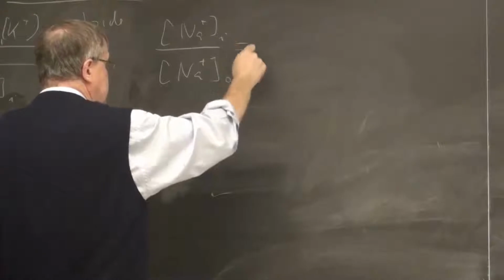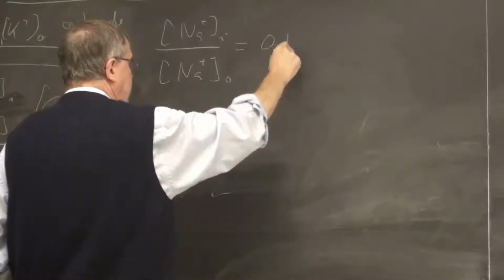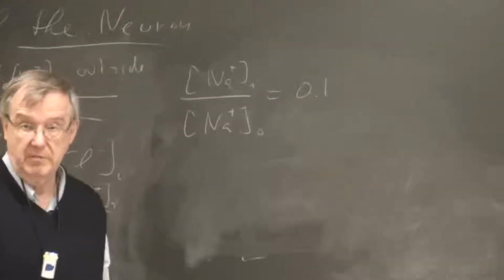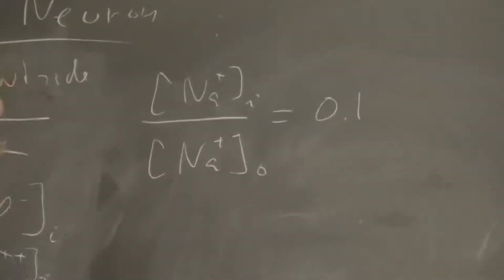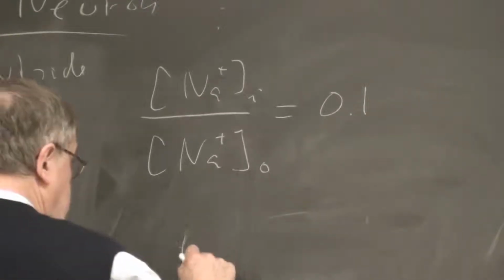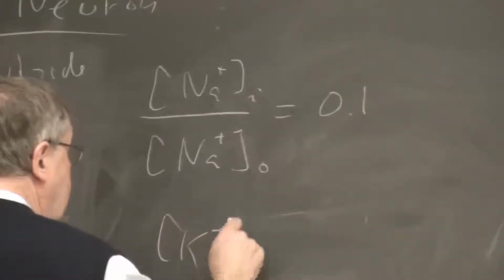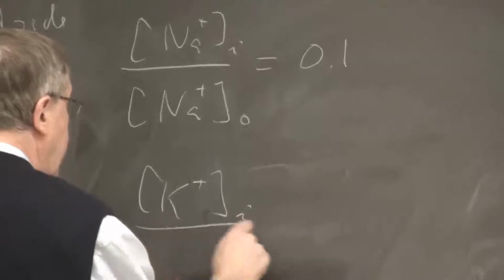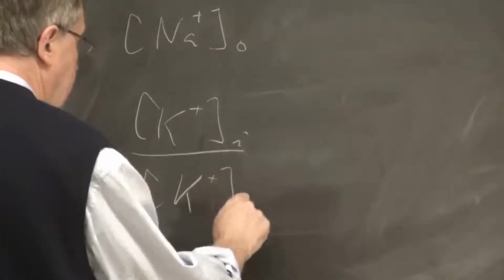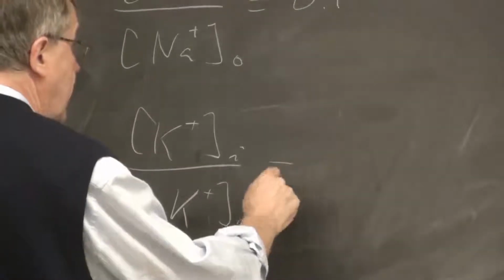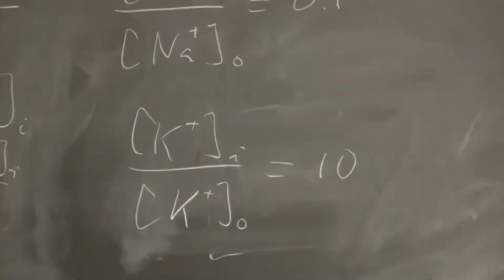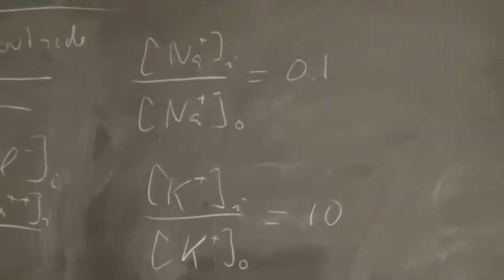And I make things a little simple so that we remember it better. That ratio is 0.1. That means that we have many more sodium outside than inside. For the potassium, it's just the opposite. And this one is 10. So there we have the opposite.